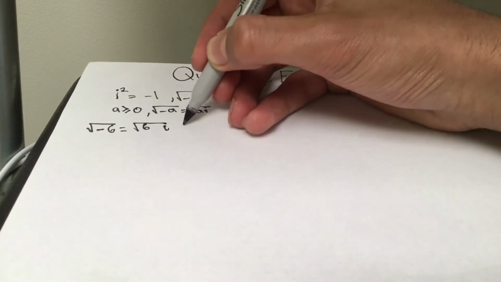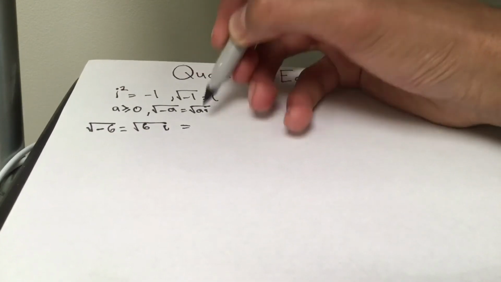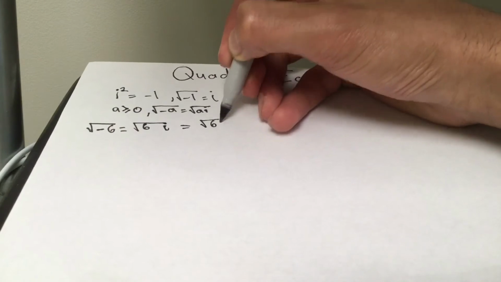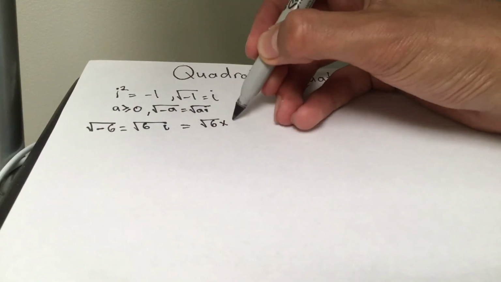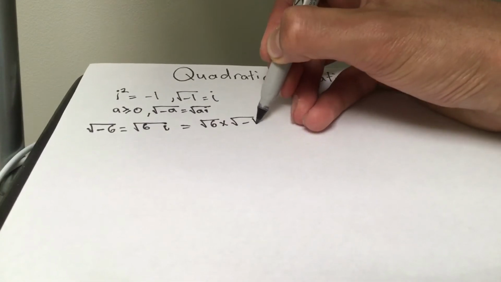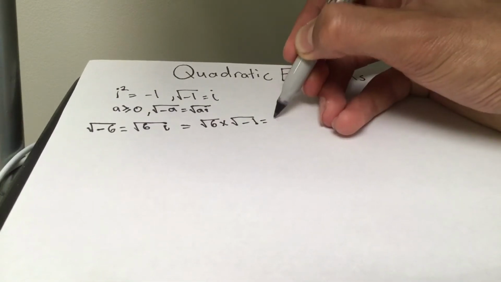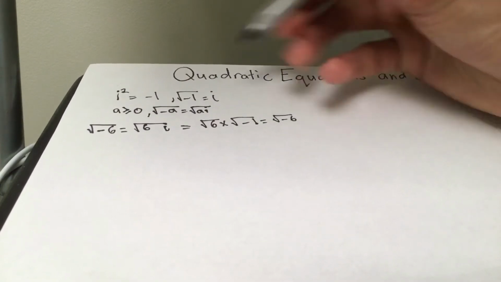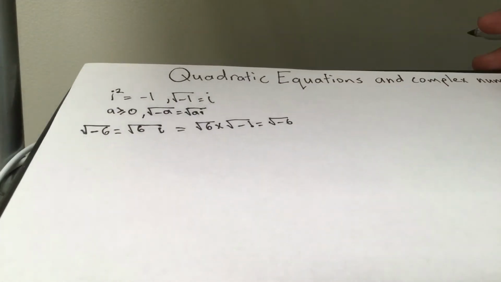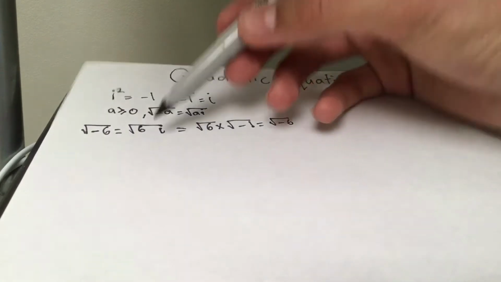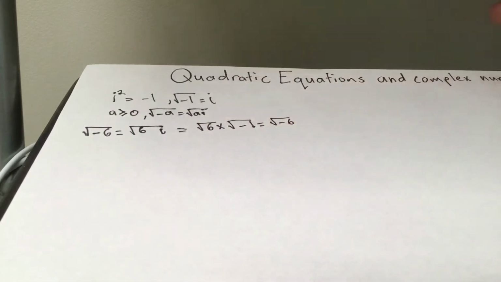I'll show you how I got this. We put square root 6 first, and as i represents the square root of -1, we multiply by the square root of -1, and then we get the square root of -6. See, we got what we got from our question. So our answer is square root 6 i.